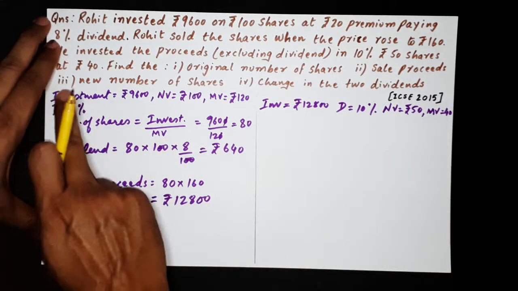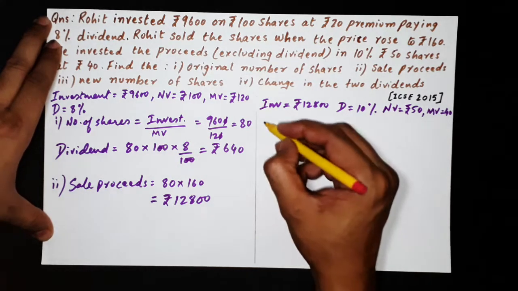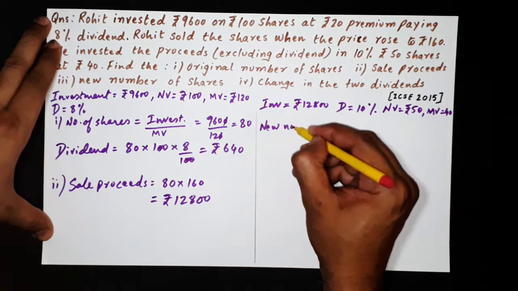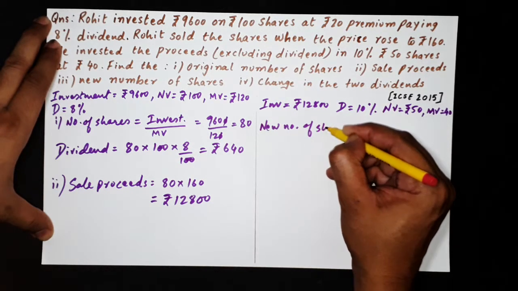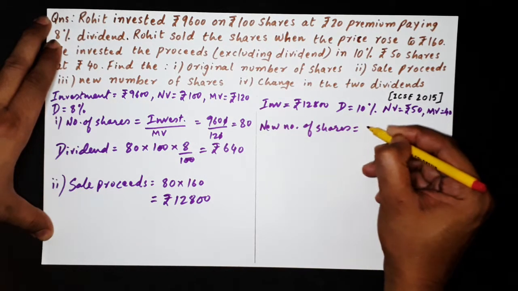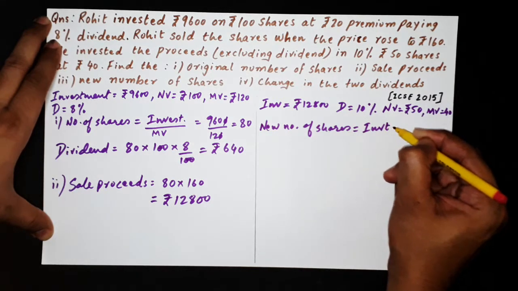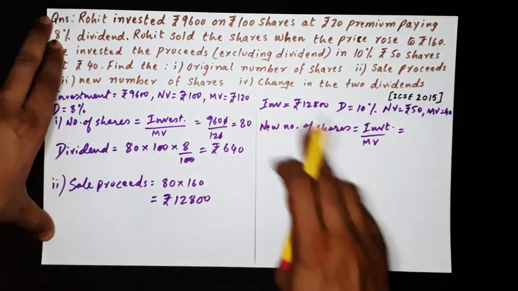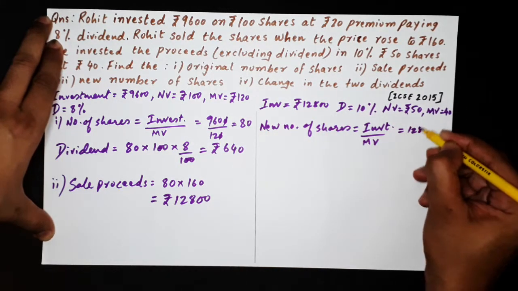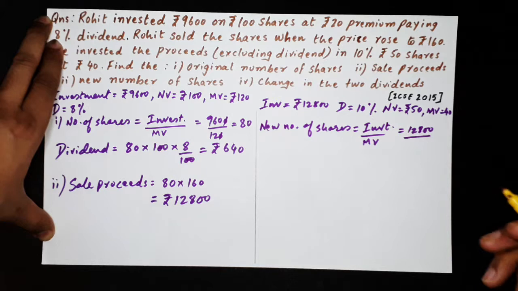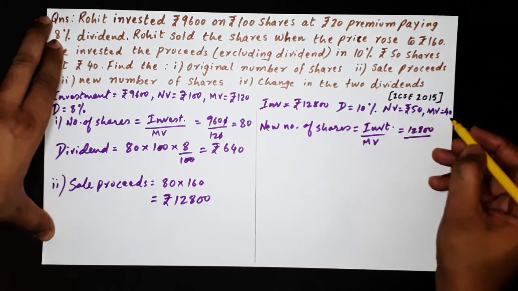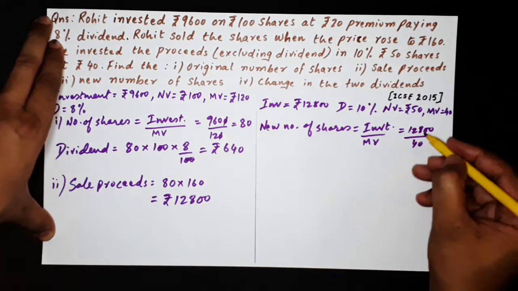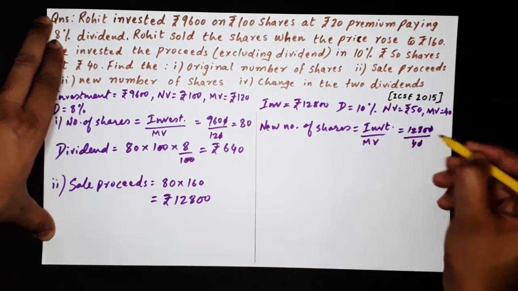Now what we want to find out is the new number of shares. So let's find out the new number of shares, which will again be investment upon market value. The investment for this company is 12,800 upon the market value, which is 40.